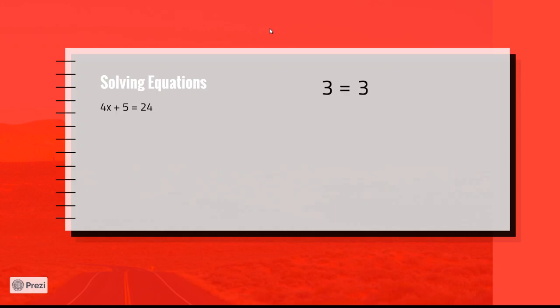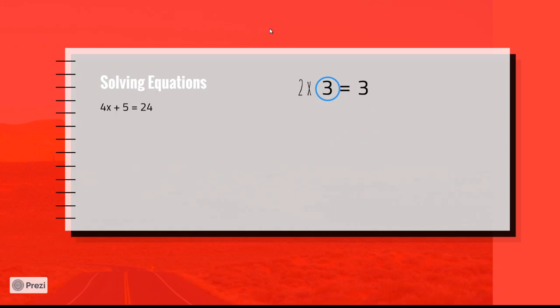3 is equal to 3, and I know that you all know that, but just bear with me for some time. 3 is equal to 3. If I multiply the left side 3 with 2, it will become 6 is equal to 3. Wait, what? Is it right? No, it is not.